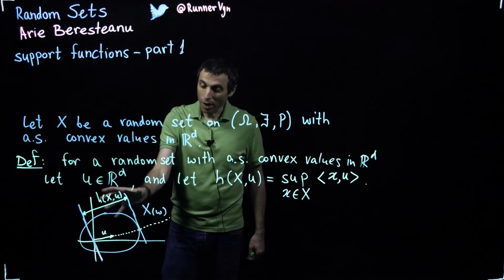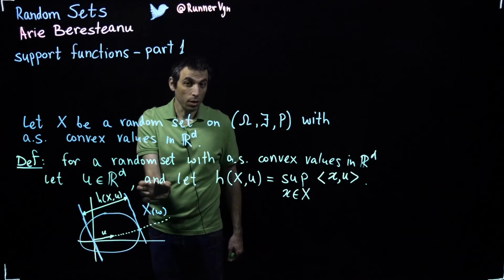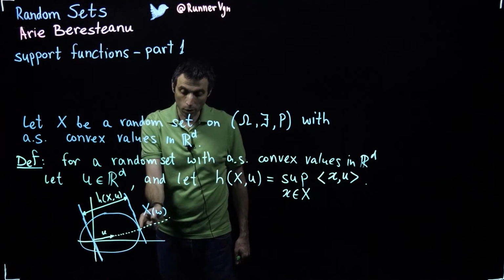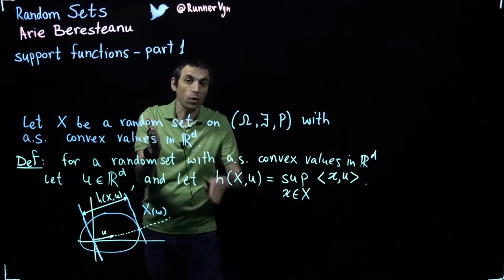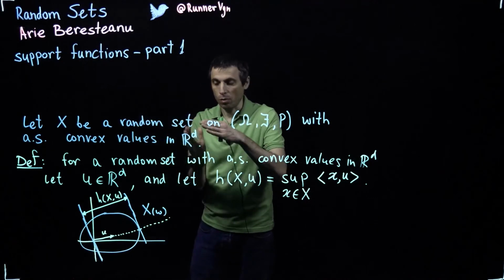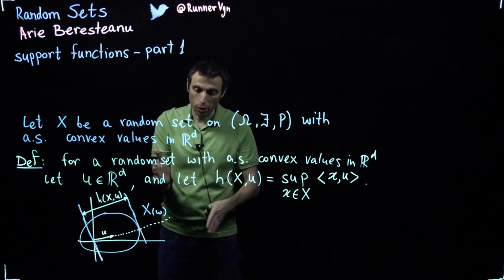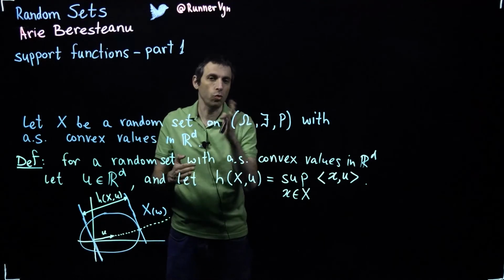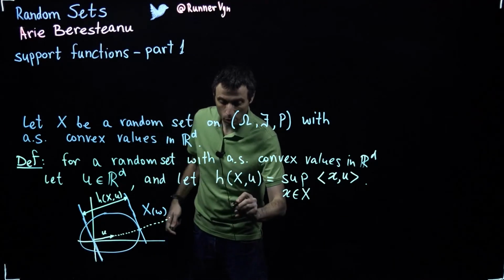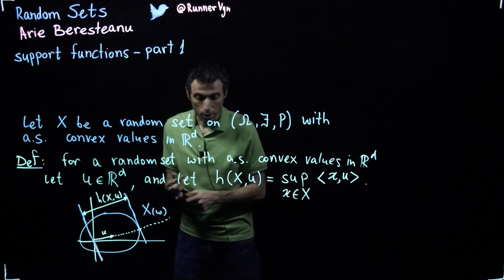So if this set is indeed convex, there will be only one point in which this tangent will hit the set. There are no kinks. There can be straight faces, that's fine, but there are no kinks in which you could choose any tangent. So there is nothing that looks like this.